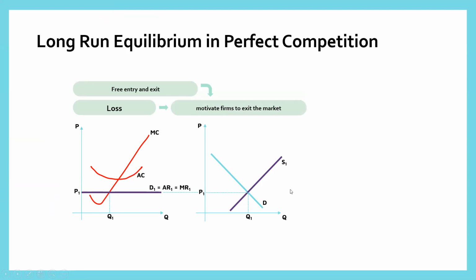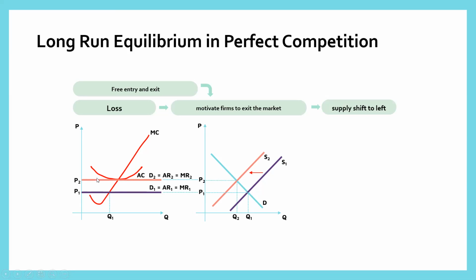At the market, the supply will shift to the left. So we have a new equilibrium here, Q2 and price 2. Remembering also that the firm is a price taker, so they will take the market price as their price. So we will have a new demand curve, average revenue curve, and also marginal revenue curve here.